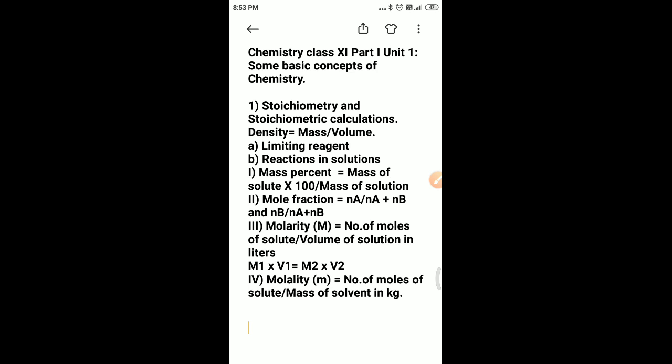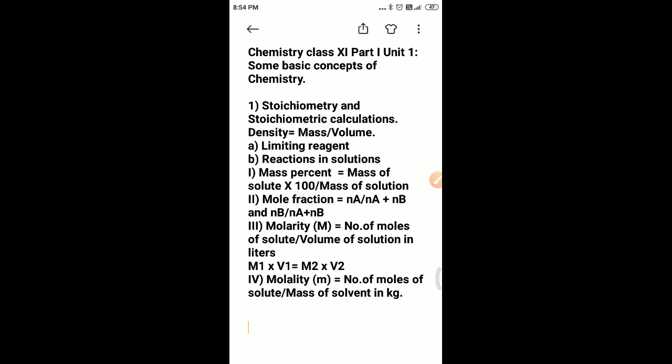So whatever be the amount of the other reactant, the reactant which gets consumed first limits the amount of product formed, and therefore it is called the limiting reagent. In performing stoichiometric calculations, this aspect is also to be kept in mind.